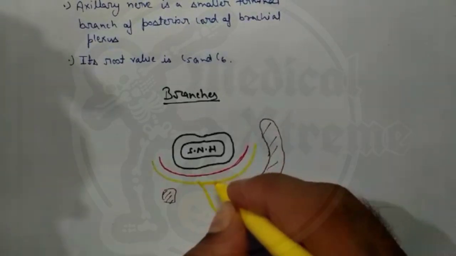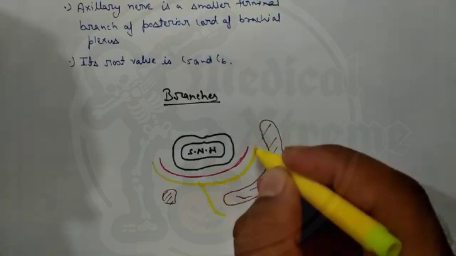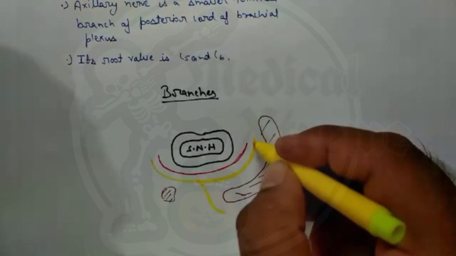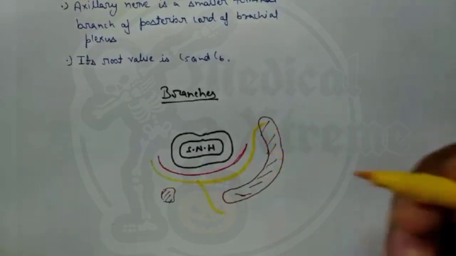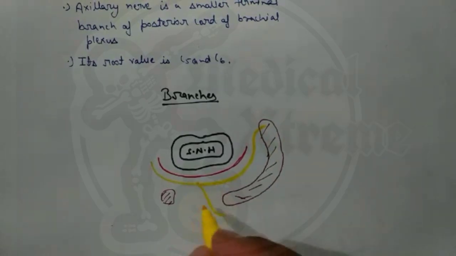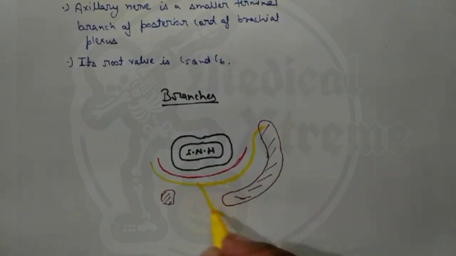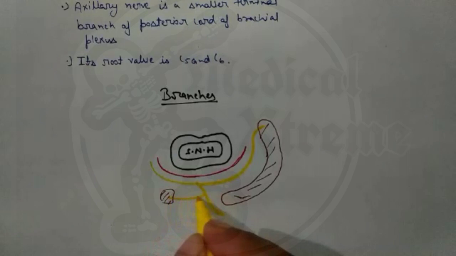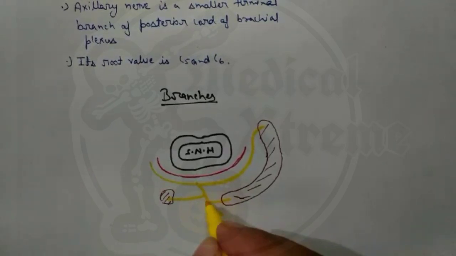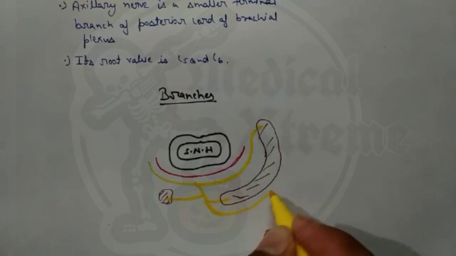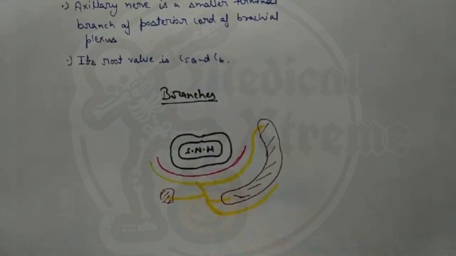Anterior branch winds around surgical neck of humerus and reaching up to the anterior border of deltoid supplies the deltoid muscle. Whereas posterior division of axillary nerve gives a branch to teres minor muscle and posterior part of deltoid muscle, and then it continues as upper lateral cutaneous nerve of arm.